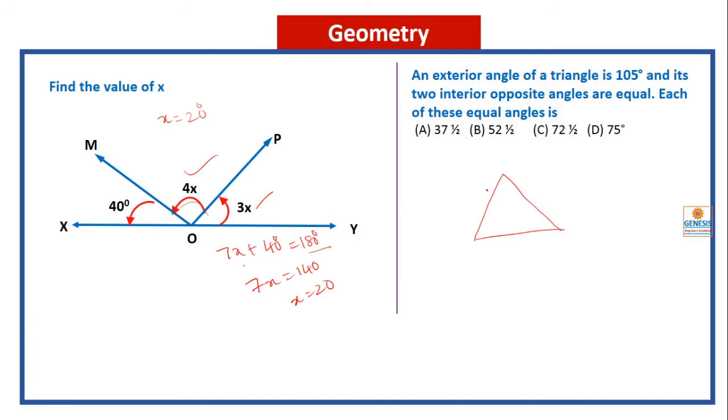An exterior angle of a triangle, I can say it is angle triangle ABC. If I take this one, this is the interior angle and this is the exterior angle. So this exterior angle is 105 degrees and this internal angle is 25 degrees. And its interior opposite angles are equal.